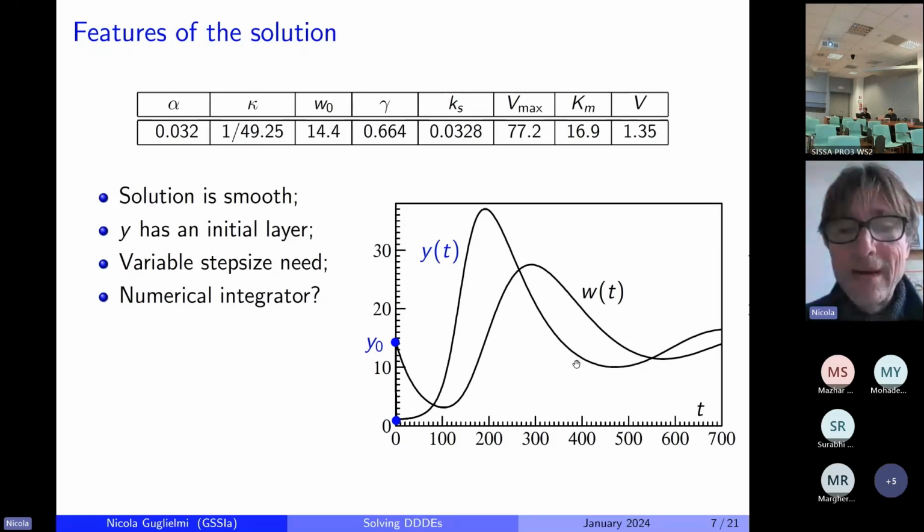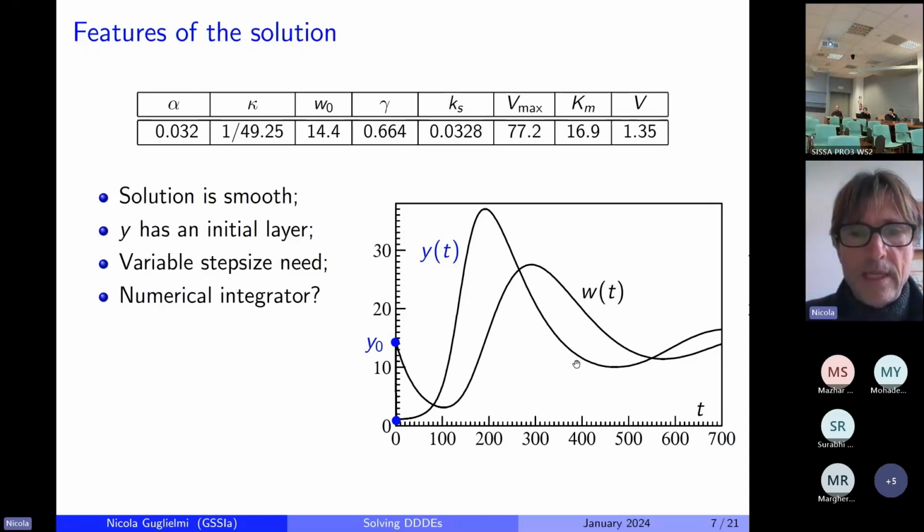So at 0, y jumps very close to 0 in a very small time, so in a very fast time scale. So there's a transient layer, and then it goes to a smooth solution. So here it is essential to use a very small step size in the transient and to enlarge the step size after the transient. So we need a numerical integrator which uses variable step size.